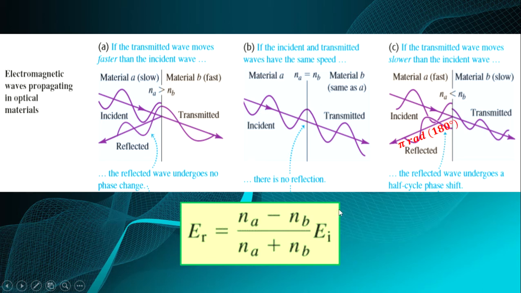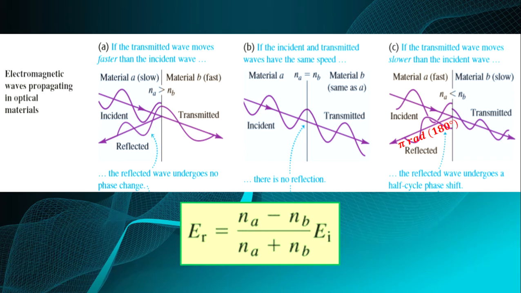In figure A, as we can see, n sub A is greater than n sub B, meaning light travels more slowly in the first material than in the second material. In this case, E sub R and E sub I have the same sign, and the phase shift of the reflected wave relative to the incident wave is equal to 0.